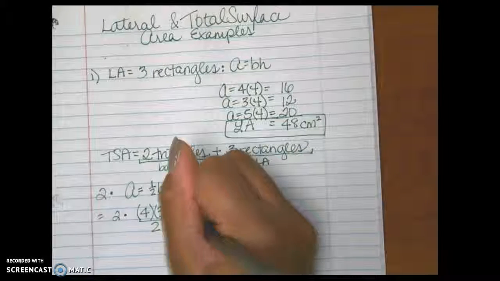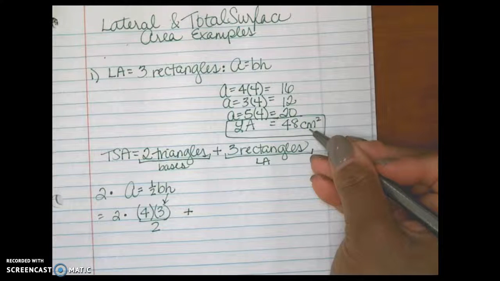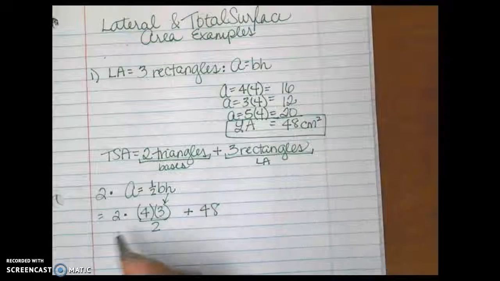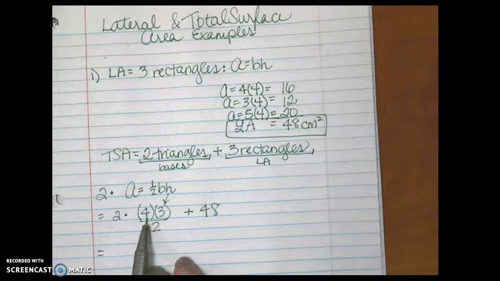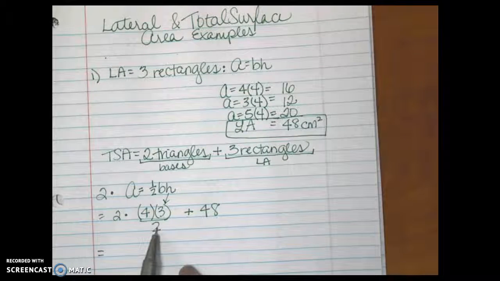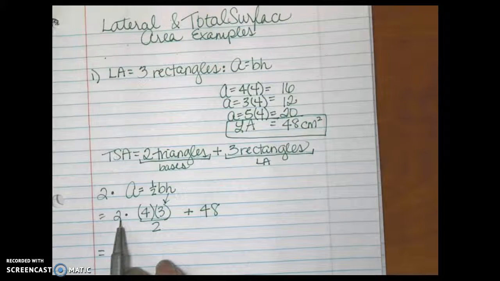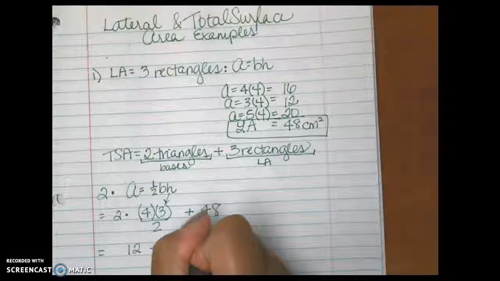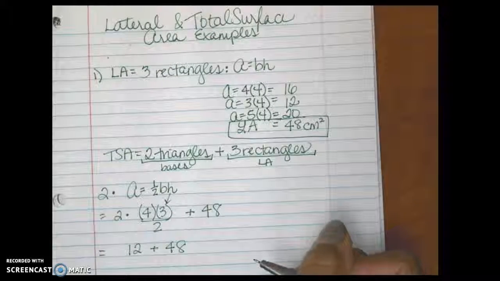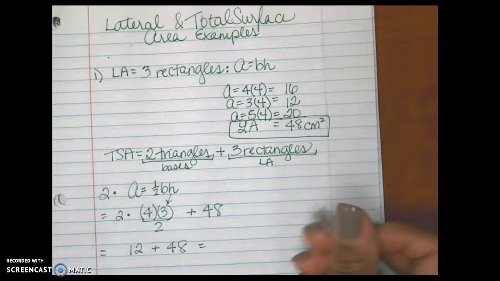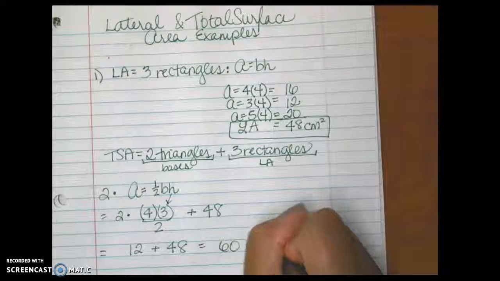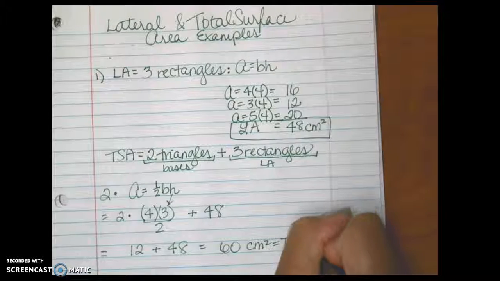Okay? Plus my 3 rectangles, which is how much? 48. So 12 plus 48. 3 times 4 is 12, divided by 2 is 6, times 2 is 12. Okay, that's where you're getting that 12 from. It all makes sense now. 12 plus 48 is 60 centimeters squared. That is my total surface area.